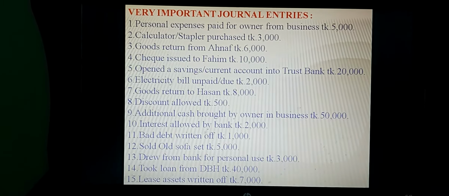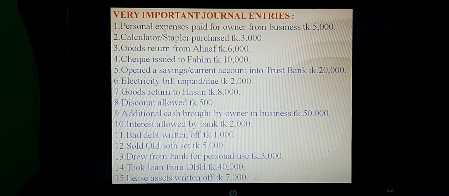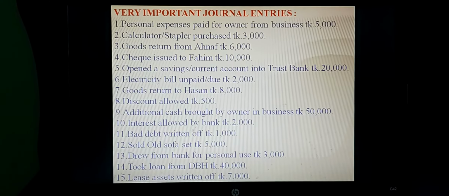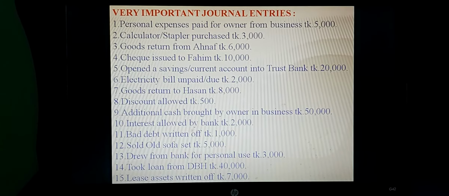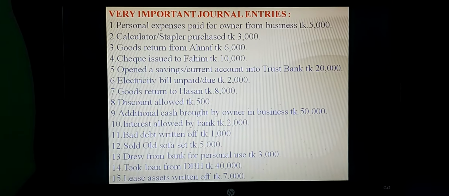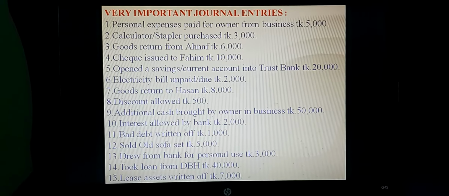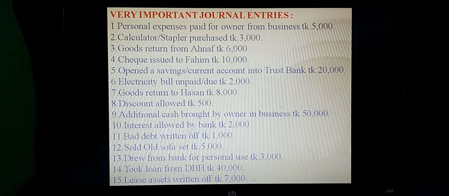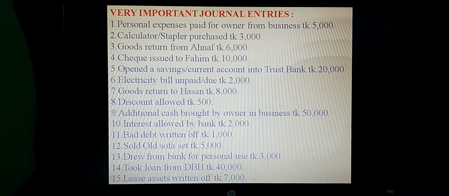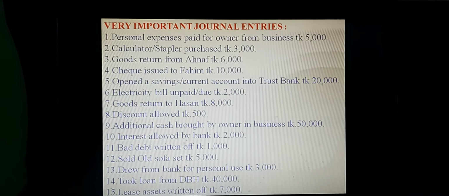Again, go back to the transaction number 3. Goods returned from Ahnaf. Return from is another name of sales return. It may be alternative: return from customer, return from debtors. So when sales return from customer, then it is sales return. When income increases, then income credit, but in this transaction income is decreased, so sales return account is debit.